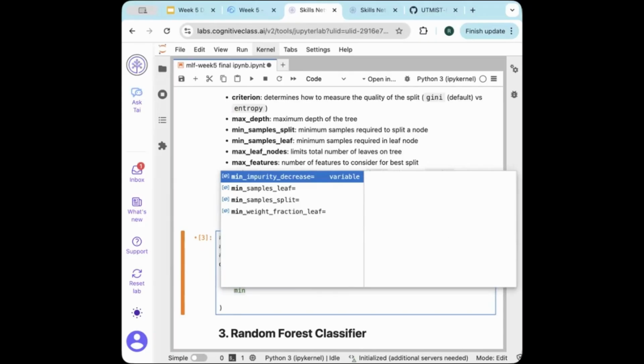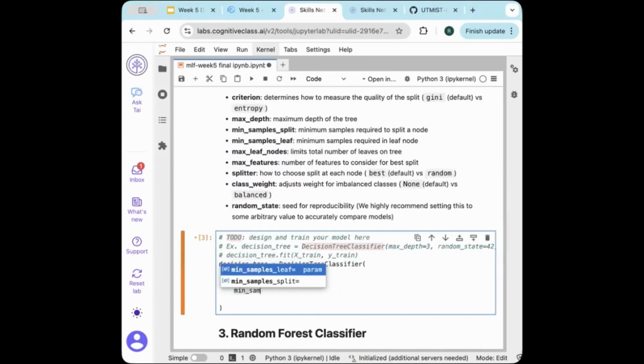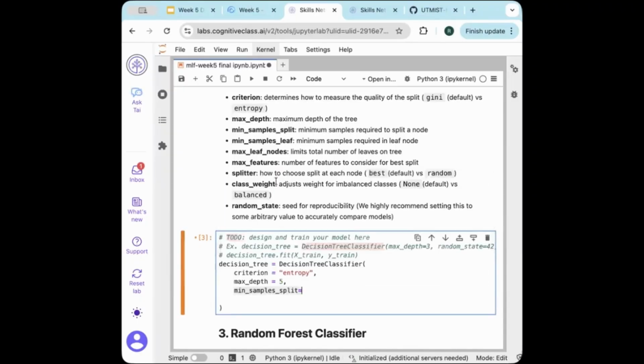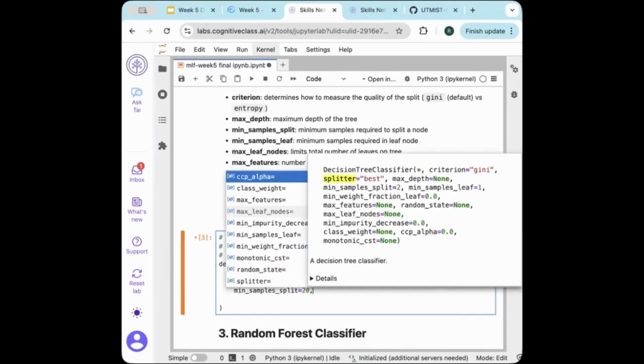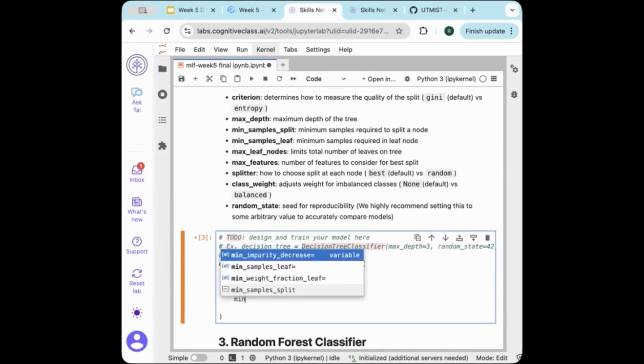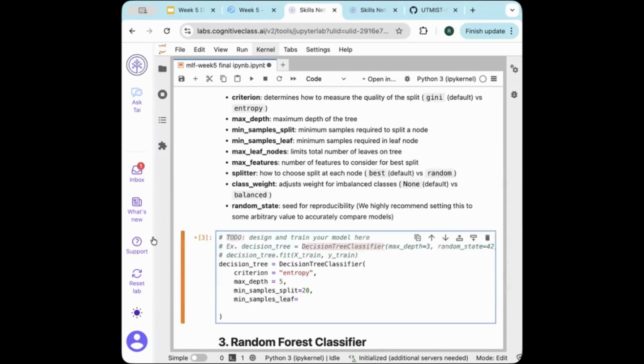We're going to need at least 20 samples to split a node, so that's why min samples split is 20. And then I'm going to say min samples leaf, so each leaf is going to have at least 10 samples. This is how I'm specifying it. And the random state is going to be equal to 42.